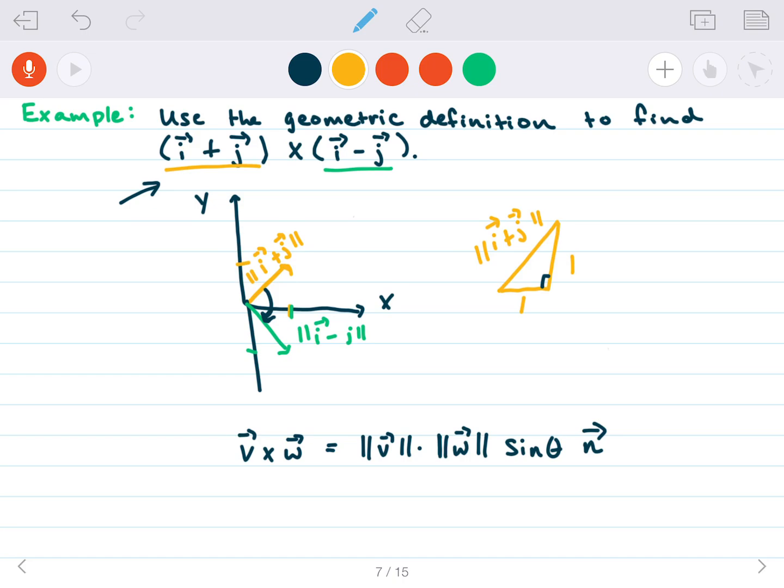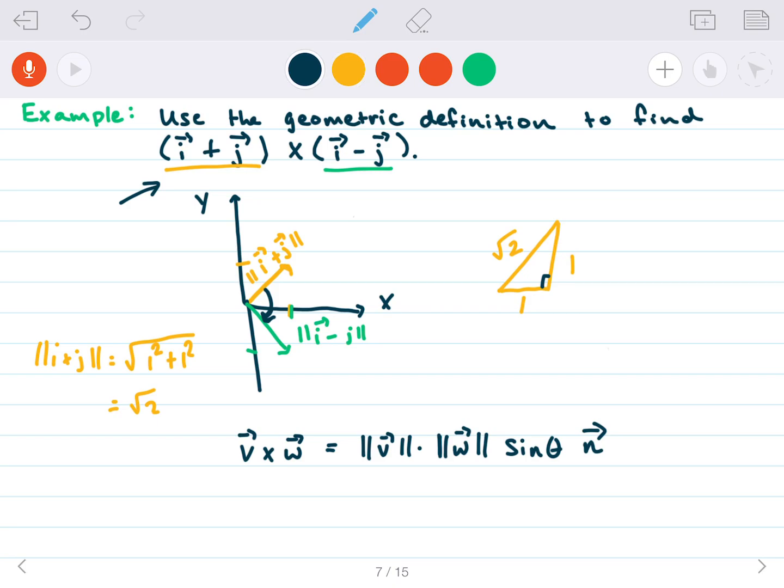And the magnitude of i plus j, remember how we computed that? We just took the square root of the squares of the coefficients. So that was just root 2. So this guy is simply root 2. And you should recognize this, hopefully, from your unit circle.